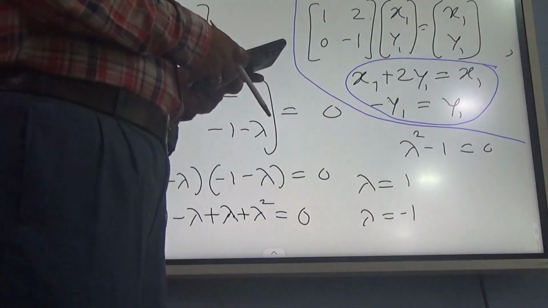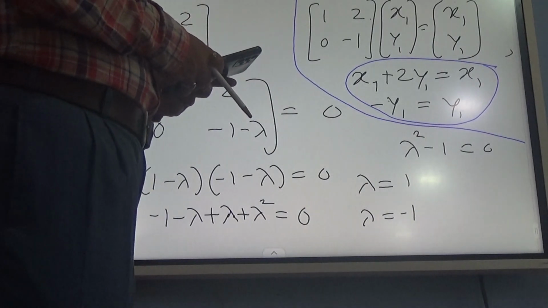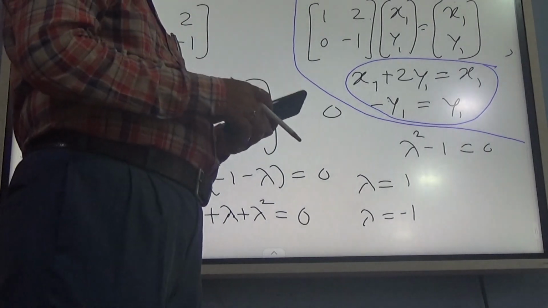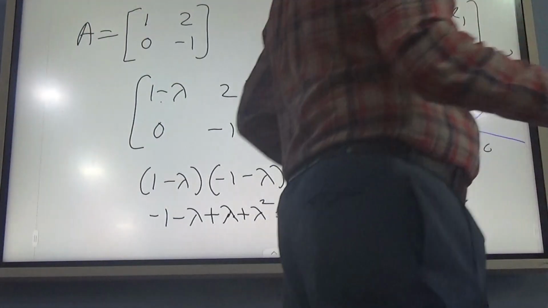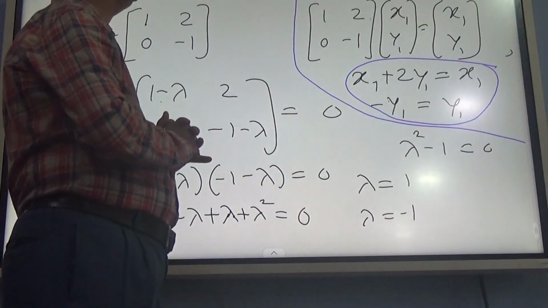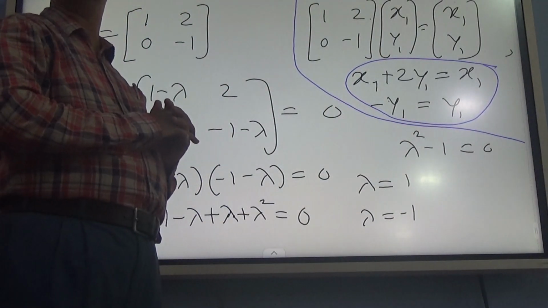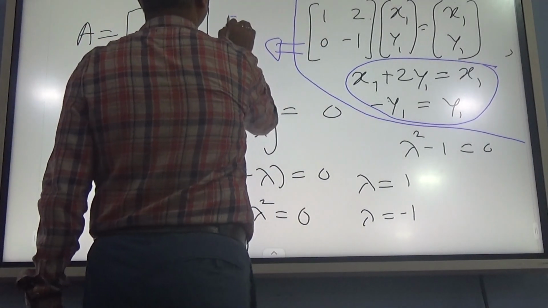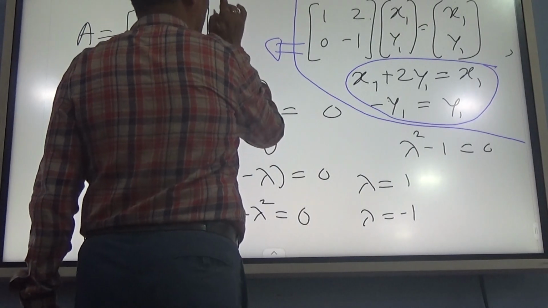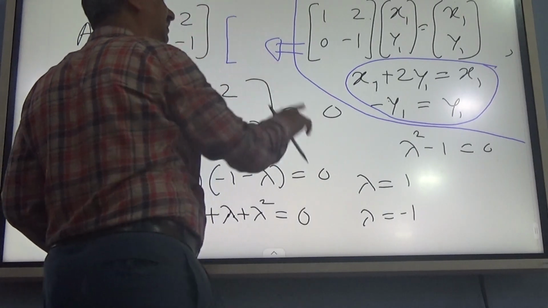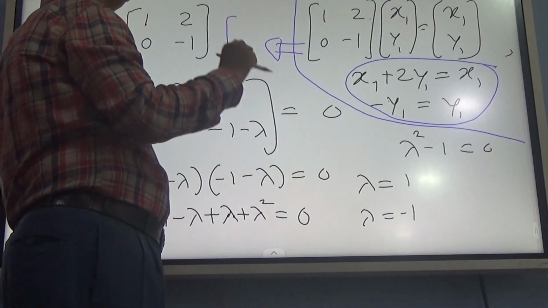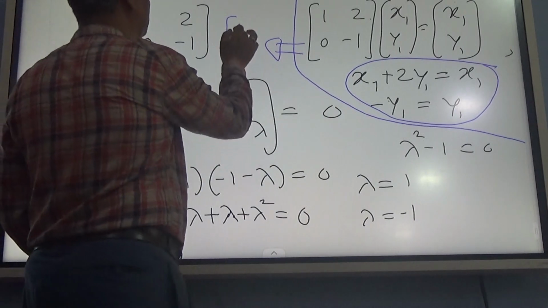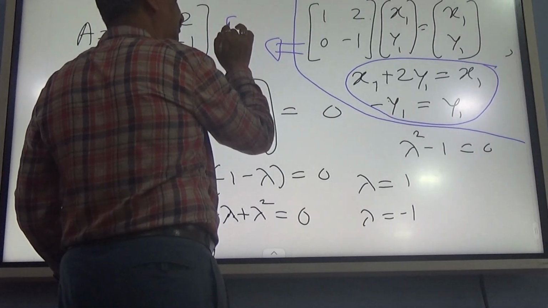X may be anything. This is a simultaneous equation which doesn't have a unique answer. The vector x1, y1 which will satisfy Av equal to lambda v for lambda equal to 1 is, now I write the answer and you tell me if it is correct or not.